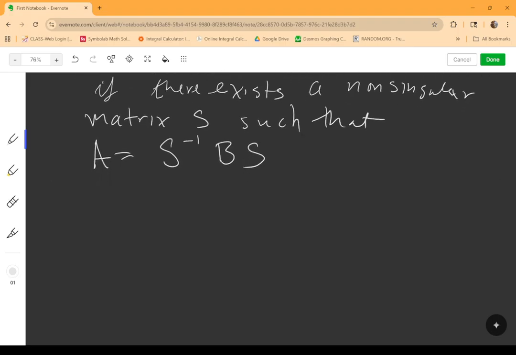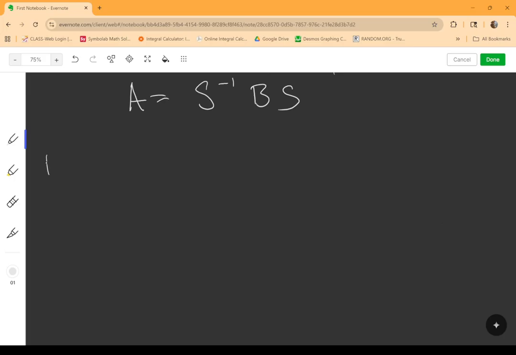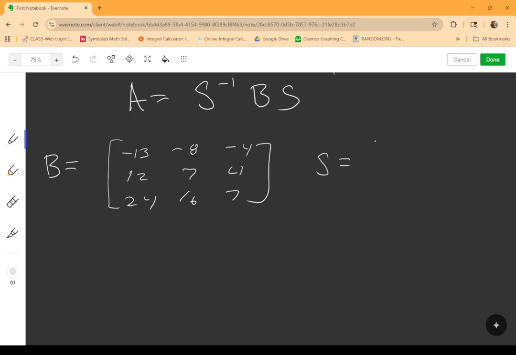So, for example, let's say we have a matrix B defined by -13, -8, -4, 12, 7, 4, 24, 16, 7. And let's say we have S equal to another 3 by 3 matrix, 1, 1, 2, -2, -1, -3, and 1, -2, 0.